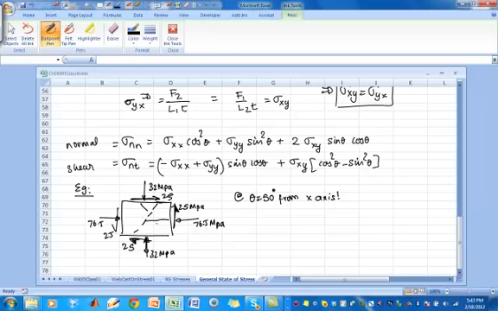This angle is 50 degrees. That means the normal is like this, right? So now we set. So I'm going to do this problem. You will see what I mean.